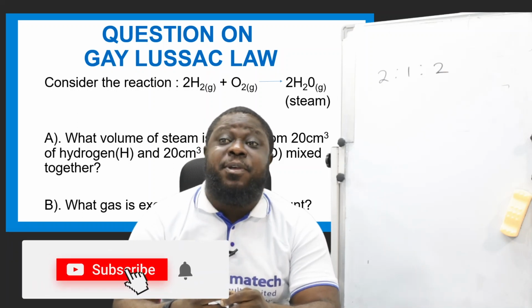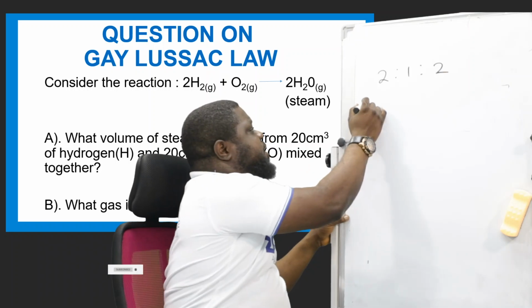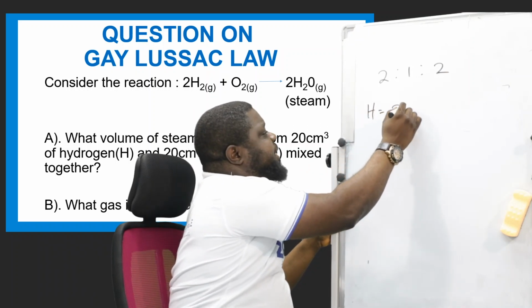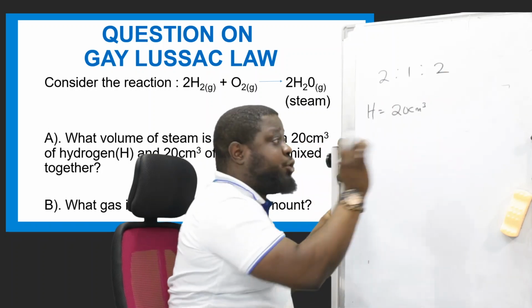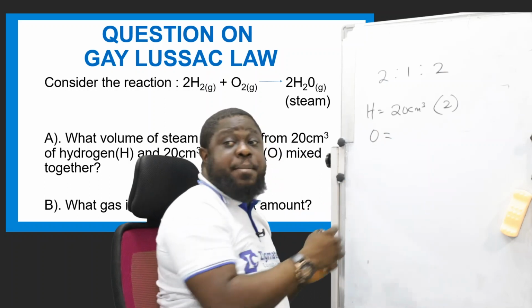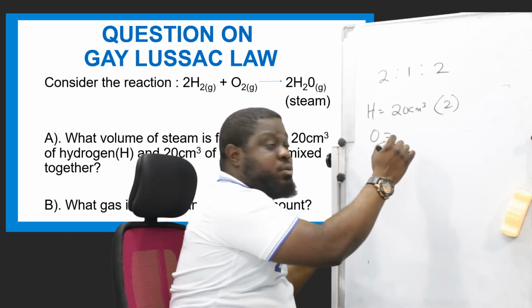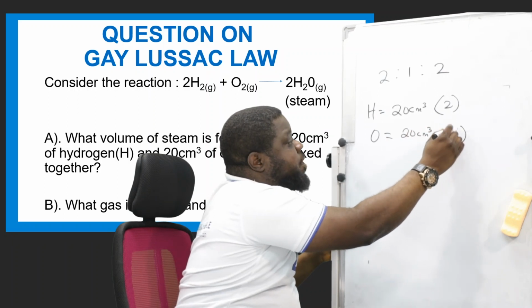They say what volume of steam is formed from 20 centimeter cube. In essence, hydrogen is equal to 20 centimeter cube, and its ratio is 2. Oxygen is how many? 20 centimeter cube, and its ratio is 1.